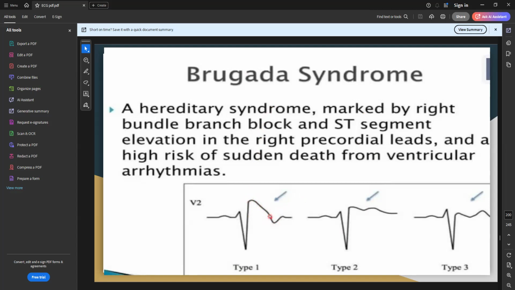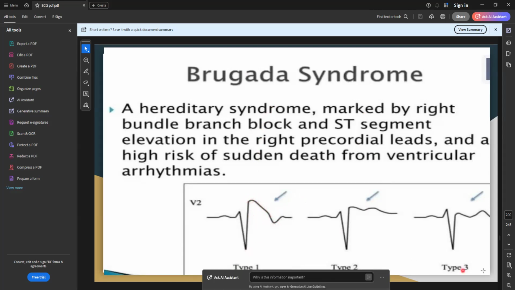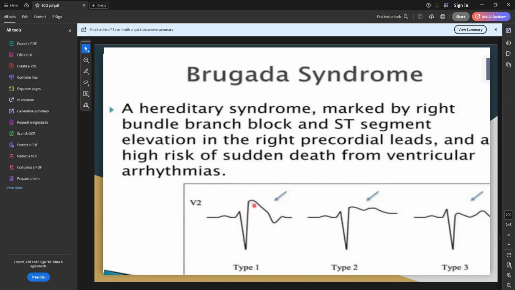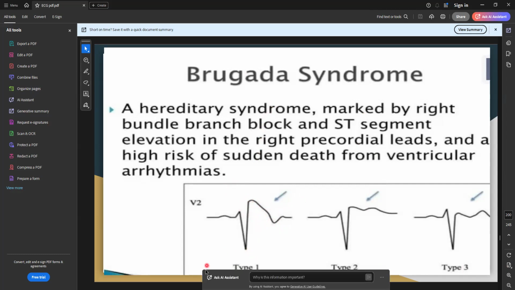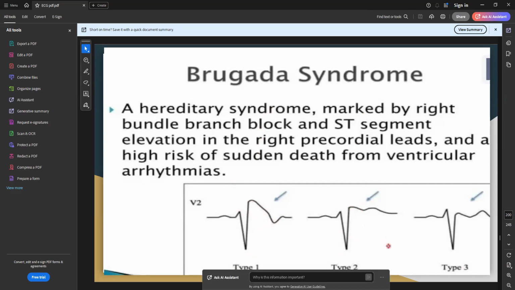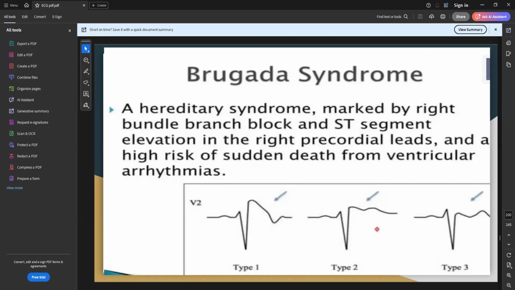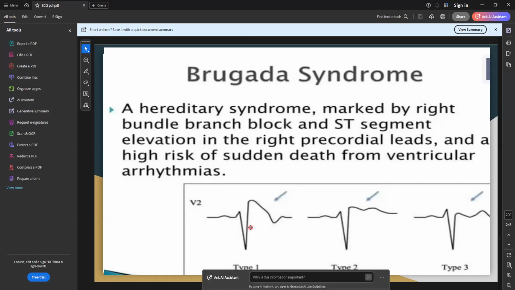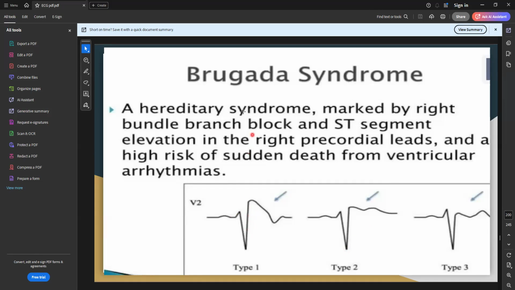This ST segment is coved. There are three types, but the proper coved ST segment is seen only in type 1. When you can't see the proper coved ST segment, in such cases you require further evaluation. But type 1 is the diagnostic pattern of Brugada syndrome.